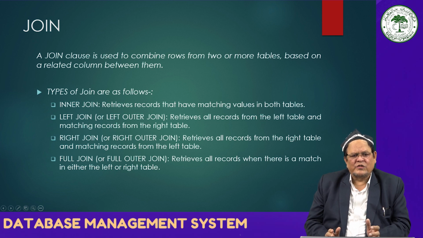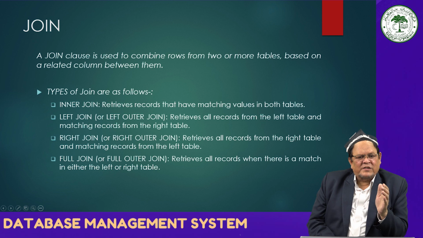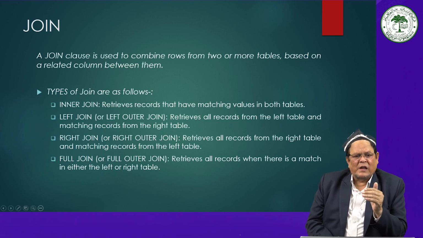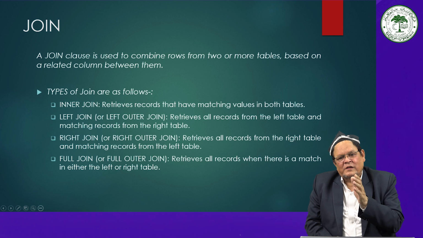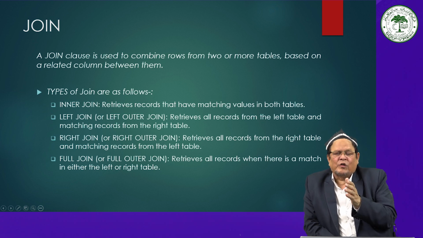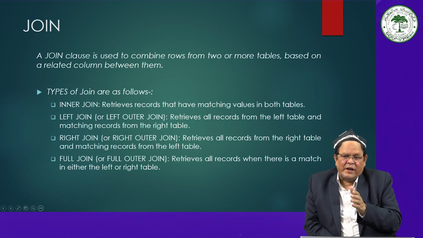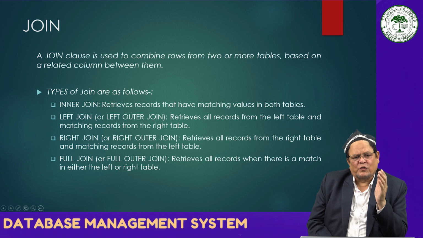Left join, or you can say left outer join, both are the same, retrieves all the records from the left table and matching records from the right table. In the same way, the right join, or right outer join, retrieves all the records from the right table and matching records from the left table, just the reverse.